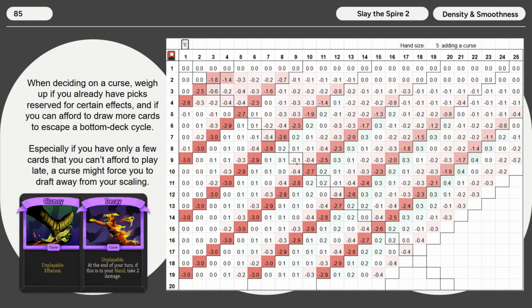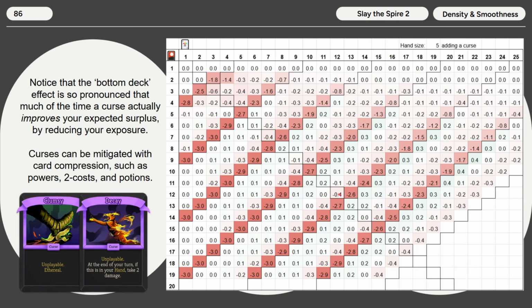So you can even just take a mediocre card. If you know what you're looking for and you have slots available for it, and you just need to take cards, a curse is fine to add in and then just keep picking more cards. Likewise, you can take a curse and then add 3 or 4 more cards on top of that to get back to a nice, smooth, flat partition.